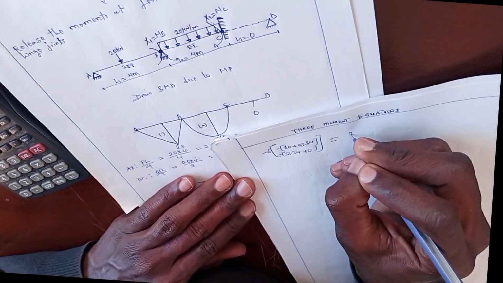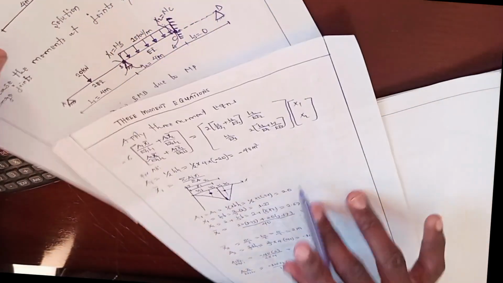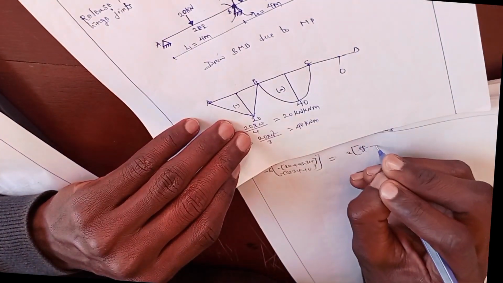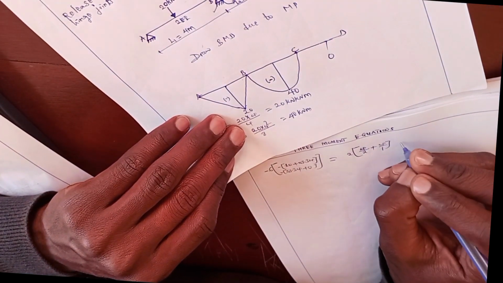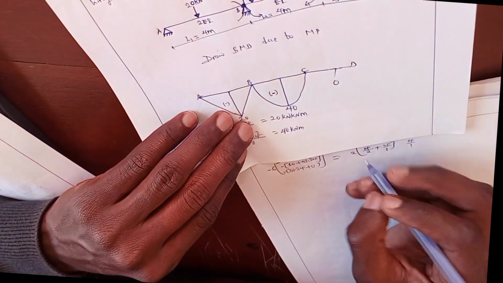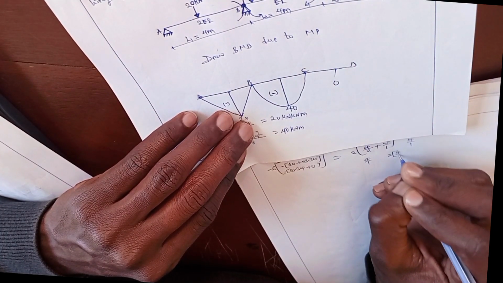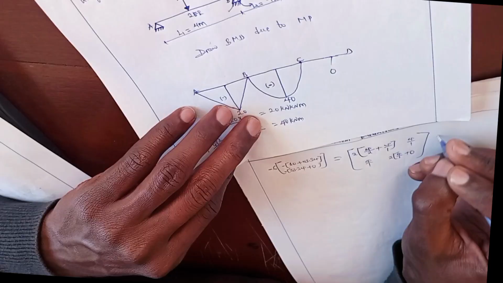It will be equal to 2 L1 over EI1, where L1 is 4 divided by EI1, which is 2, the stiffness for member AB, plus L2, which is 4, divided by EI2, which is 1, times x1, x2. And in the second equation, L2 divided by EI2, 4 divided by 1, plus L3 divided by EI3 times x1, x2.